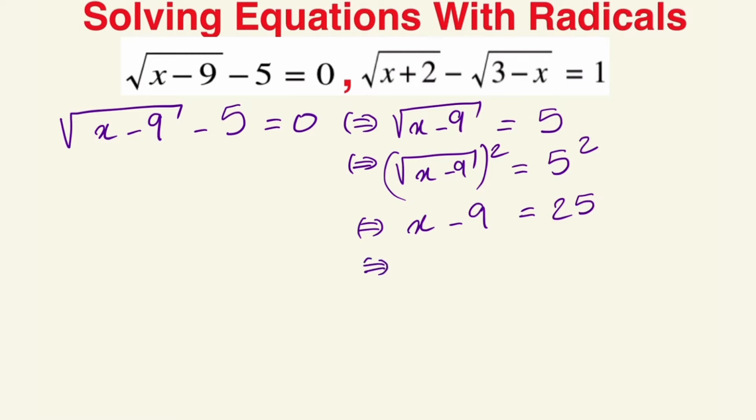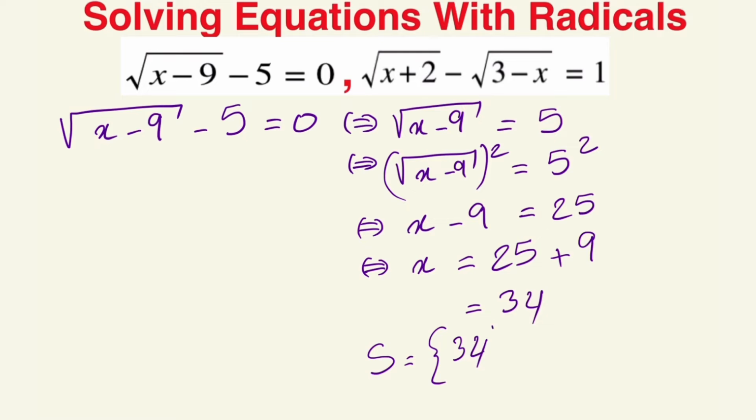So let's move 9 to the other side, it gives us x equal 25 plus 9, equal to 34. So the solution is just 34. And this is the answer for the first one.